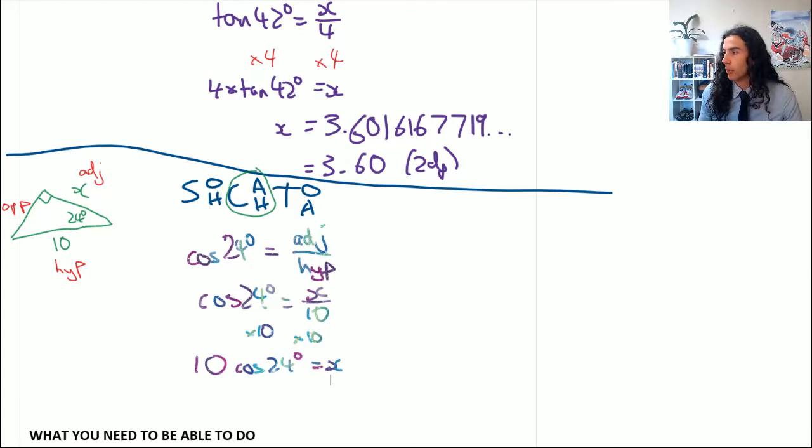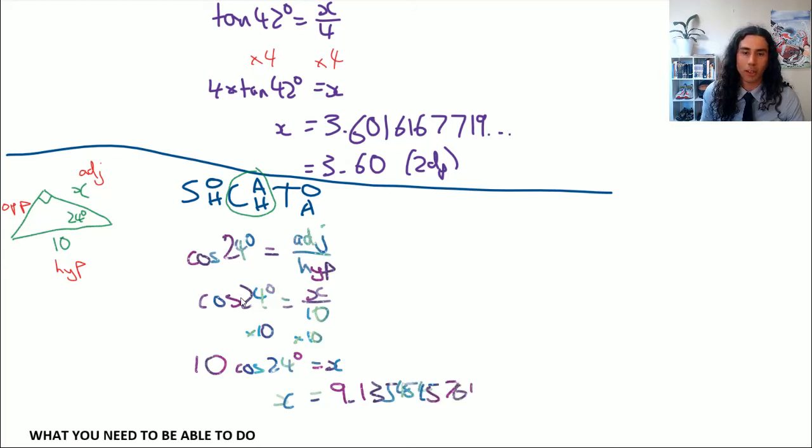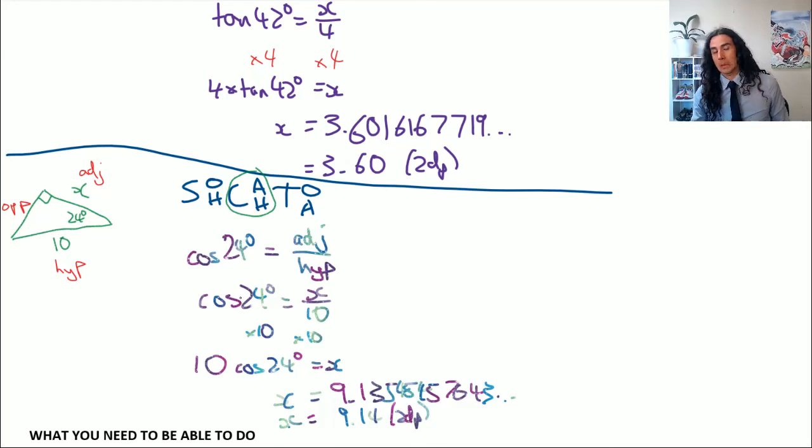Calculator. 10 cos 24 in degrees mode, not in radians. That's year 11, year 12 stuff. X is equal to 9.11354 dot dot dot, two decimal places, 9.11.